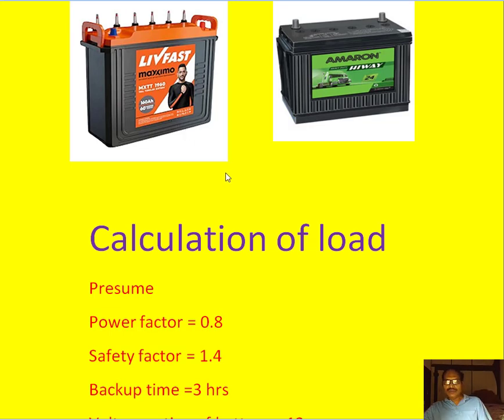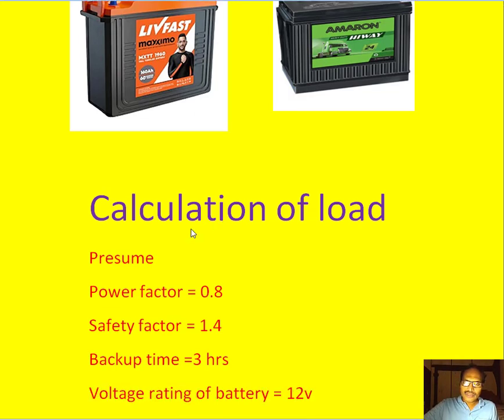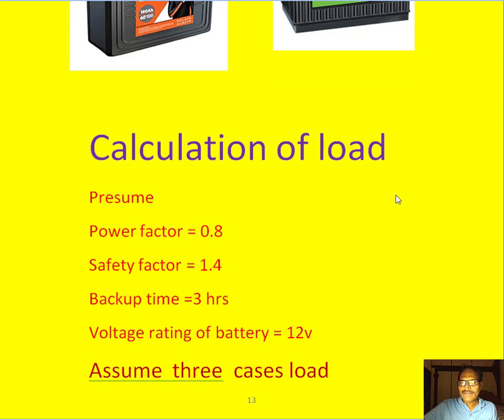So now we go to our objectives. Calculation of load. Given the premises, you are asked to calculate the rating of the battery and the rating of the inverter. To get that, we have to make some assumptions.